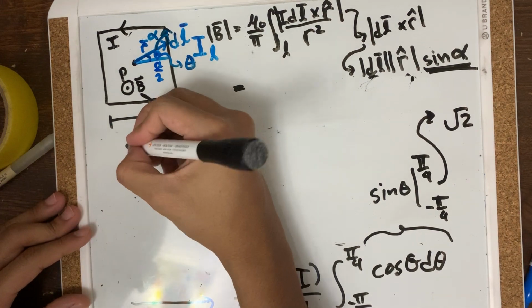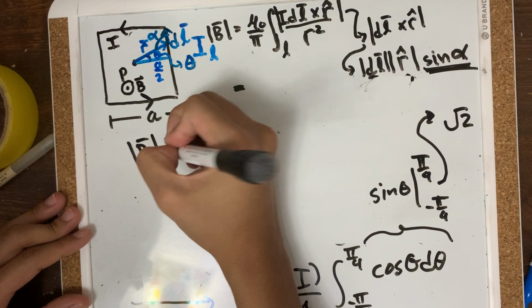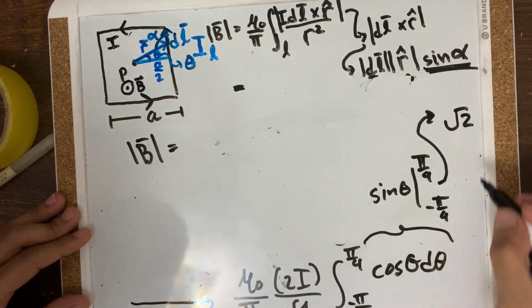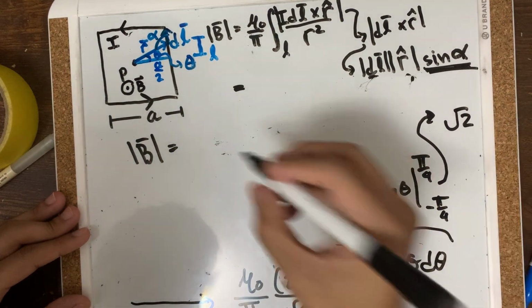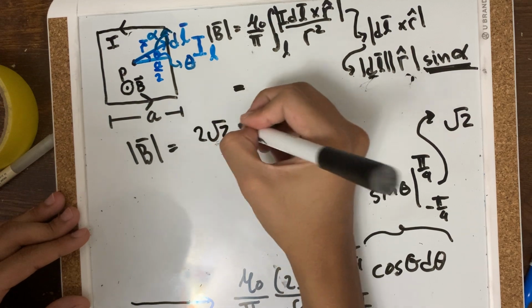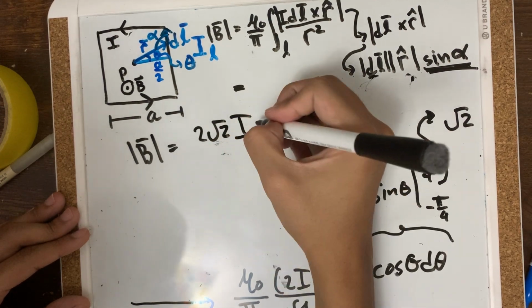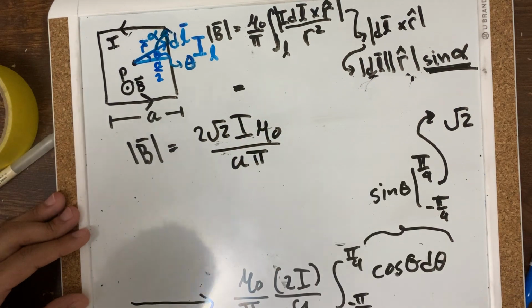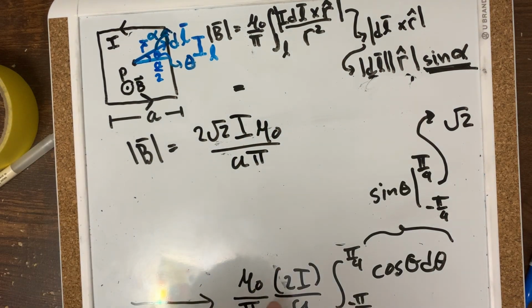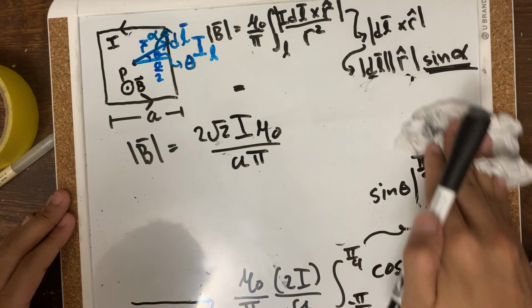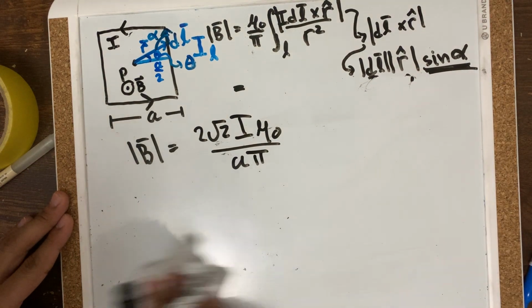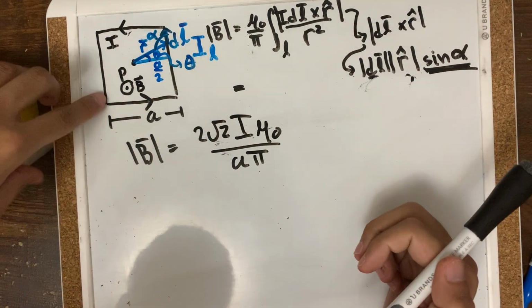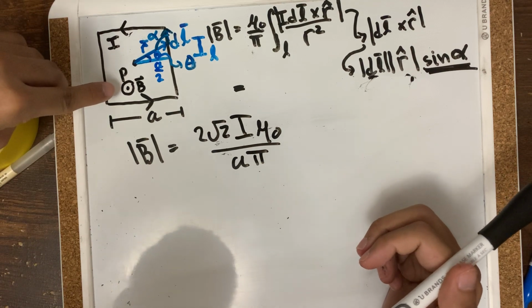So then you end up with your magnetic field. The magnitude of your magnetic field is equal to 2 square root 2 I mu naught over a times pi. I'm just playing with the variables. Let me just make sure, 2 root 2 mu naught I over a pi. And then to get the vector form of our magnetic field, we found earlier that the magnetic field points outwards.